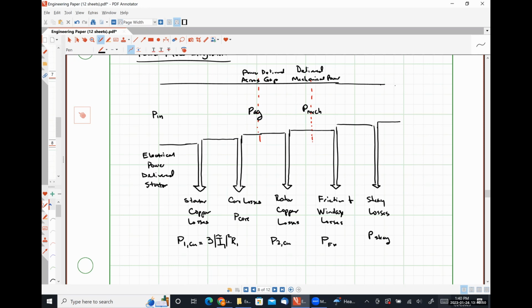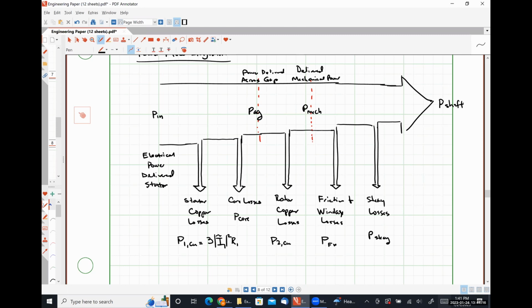And now finally over here on the right-hand side, this is the power that's delivered to the shaft of our machine capable of doing work, or our output power for our system. Okay.